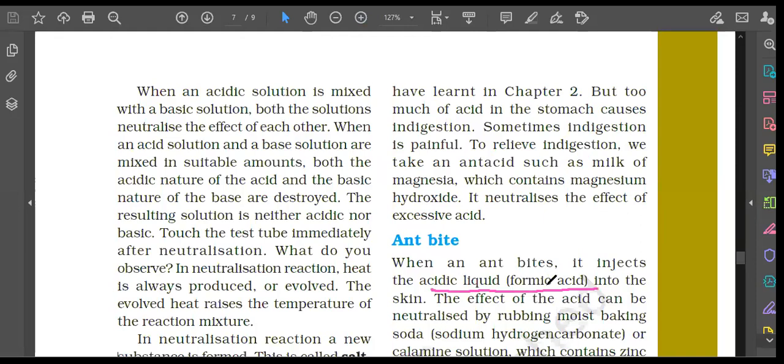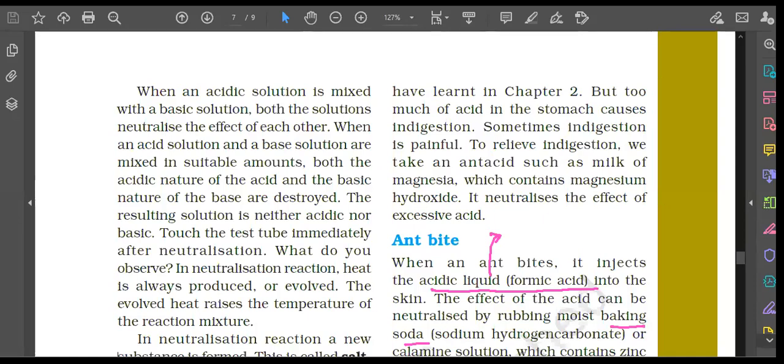Or rub toothpaste. That is common. Because the sting contains acid, that's why you rub a base, be it baking soda or toothpaste. Got it?